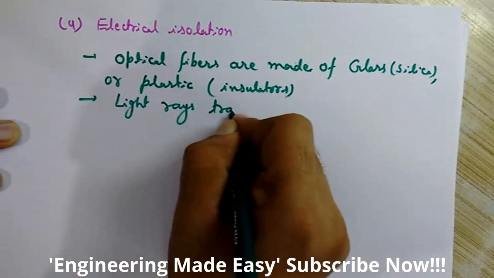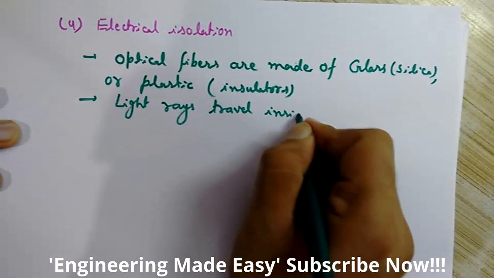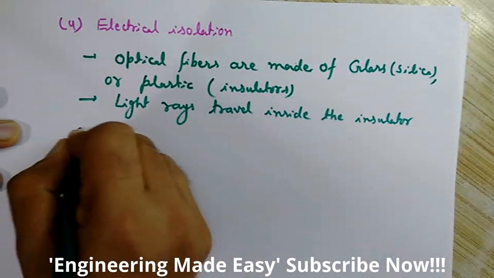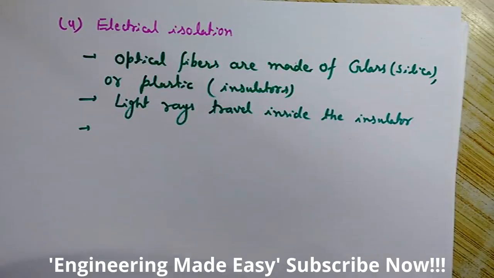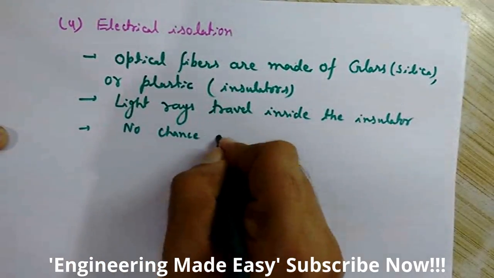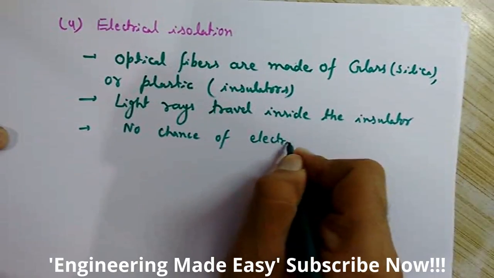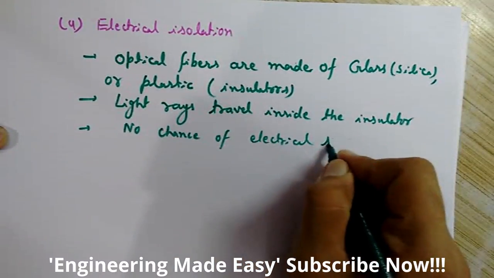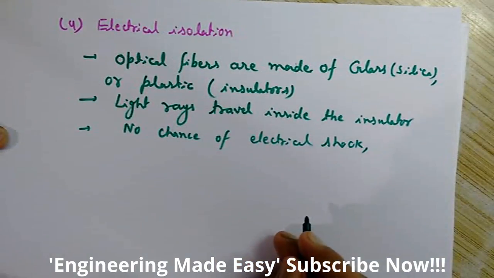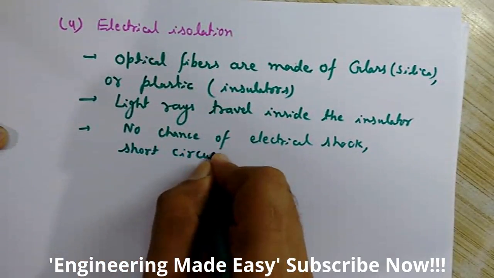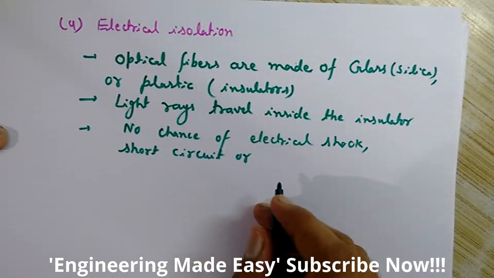Light rays travel inside the insulator, so you can say that there is no chance of any kind of electrical shock, short circuit, or sparking hazards.